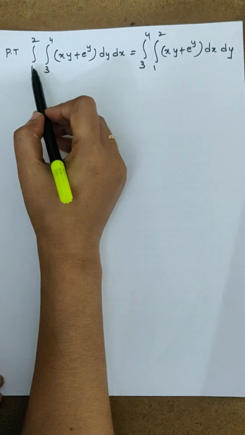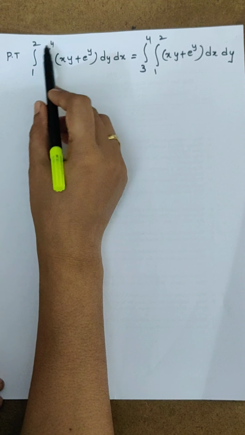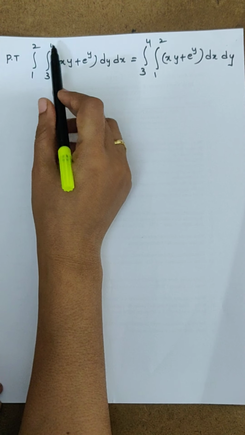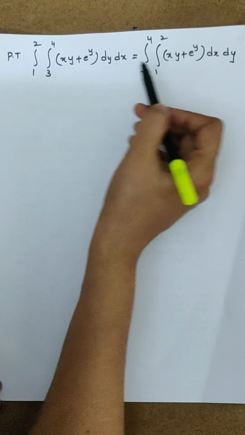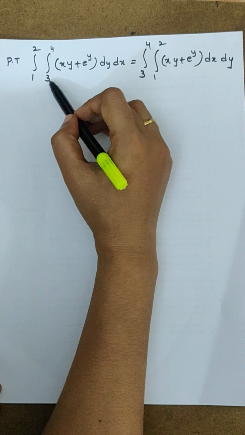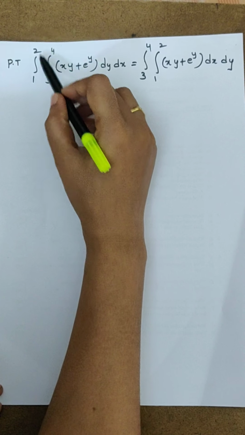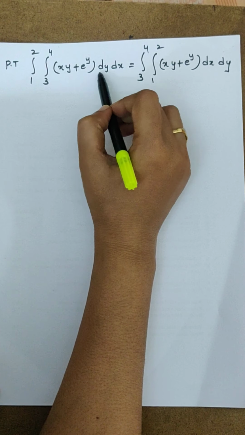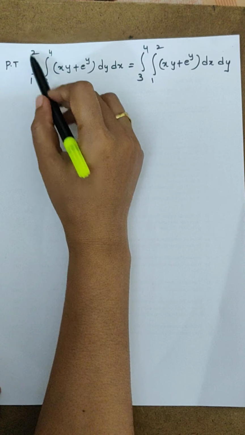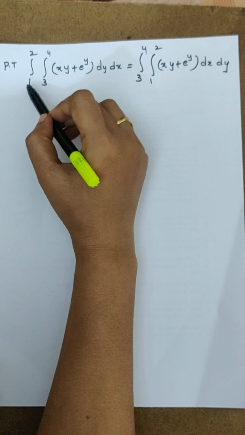Here both the limits are constant limits, 1 to 2 and 3 to 4, dy dx. Here the order is changed, that means in the first integral the inner limits 1 to 2... with respect to y, and x limits are 1 to 2.